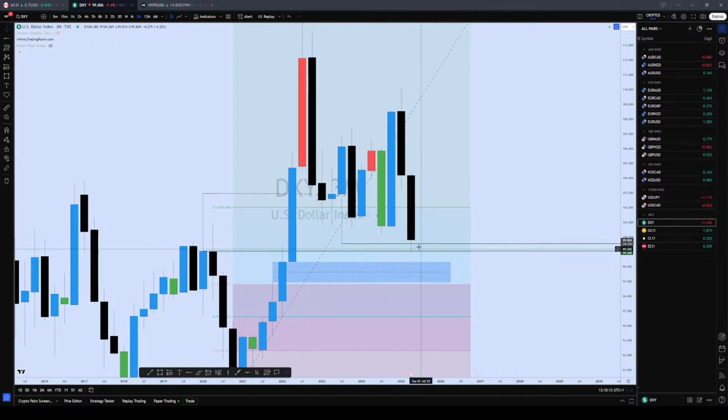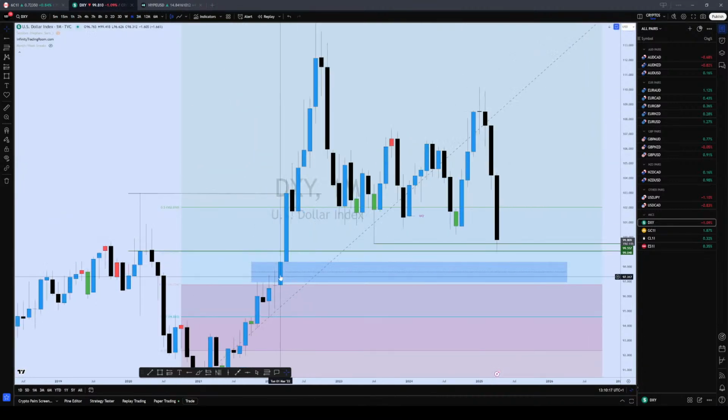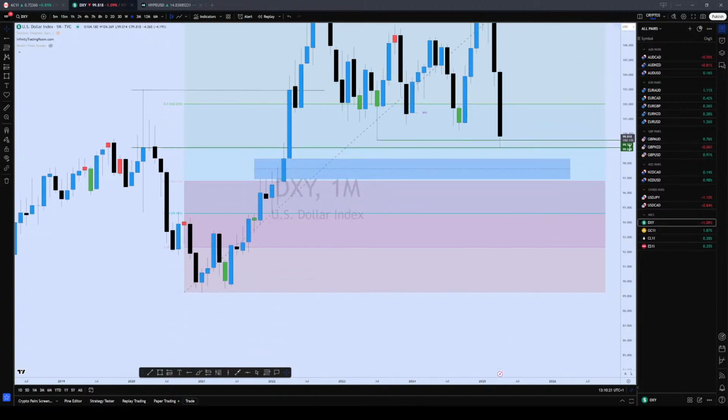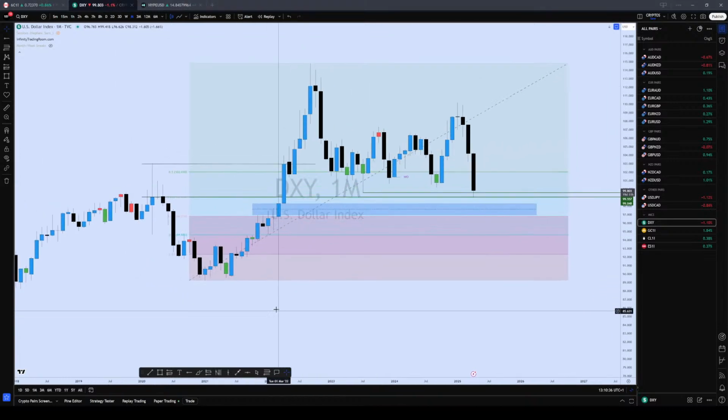So we are going to expect a continuation to the downside to this area here, and the same pattern that we saw on the lower time frame that I just marked. Okay, the same pattern that you saw is the same thing on the monthly time frame.